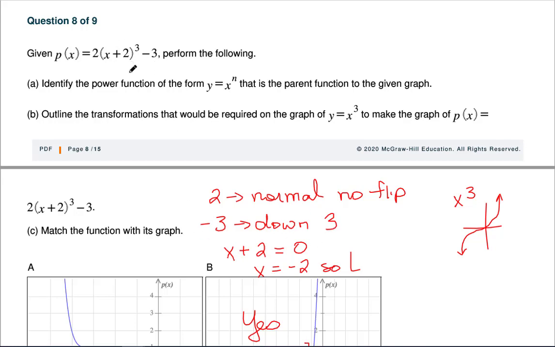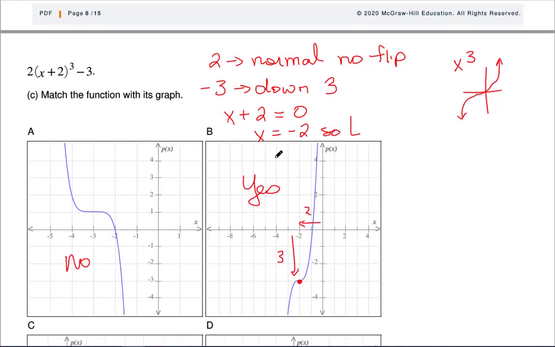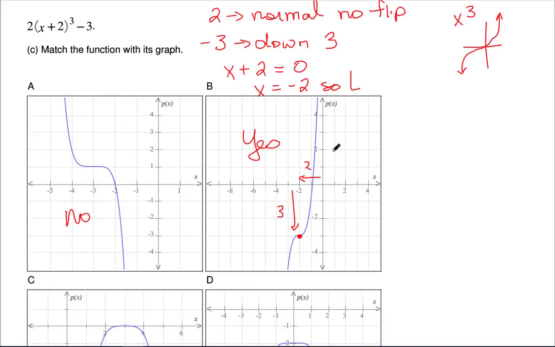The x plus 2 is a left or right. It's a left because when I set it equal to 0, I get -2. So I need to find a graph that's been moved left by 2 and down by 3 and looks like x cubed. Let's see, over 2, down 3.